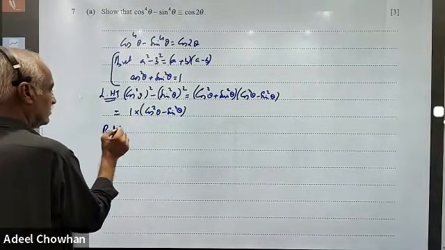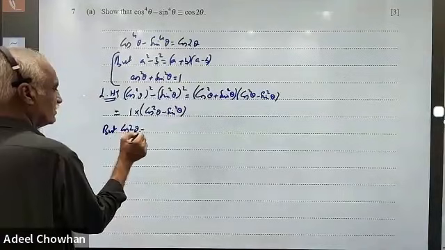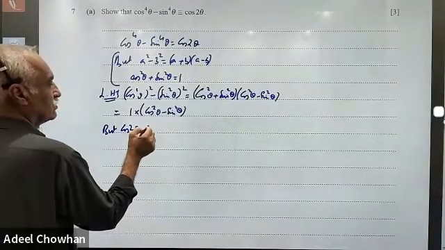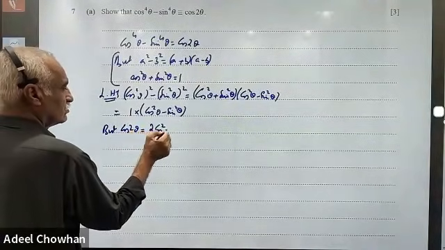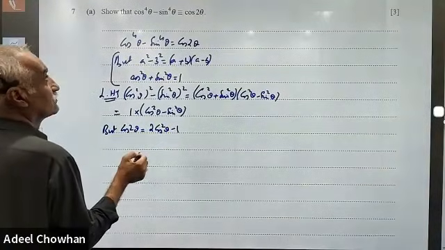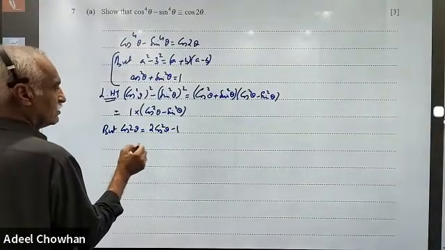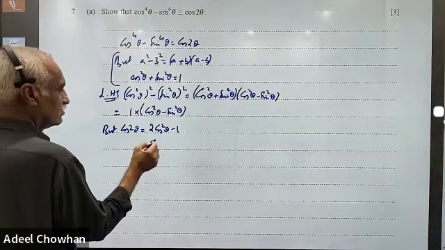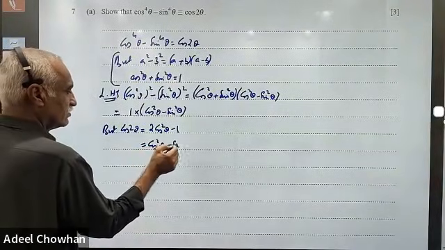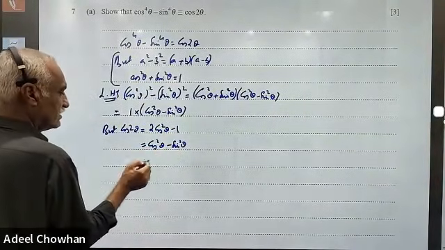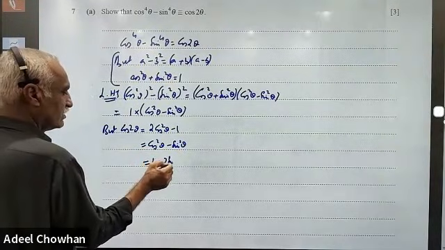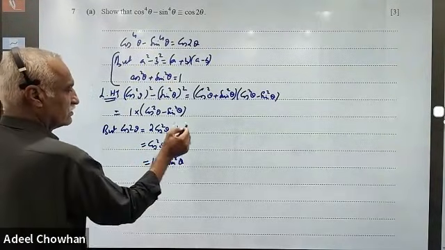But cos of 2 theta is equal to 2 cos square theta minus 1, or that is equal to cos square theta minus sin square theta, or that is equal to 1 minus 2 sin square theta.